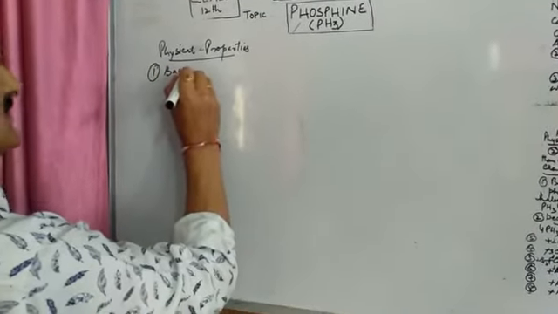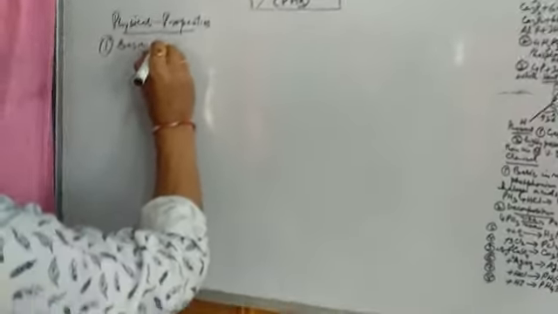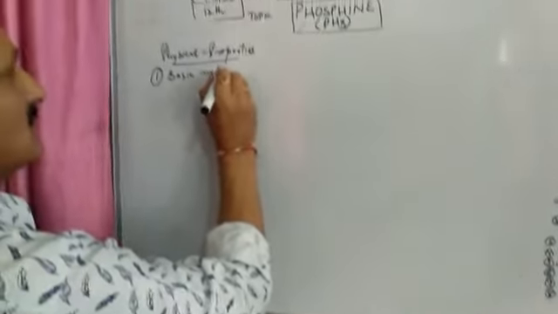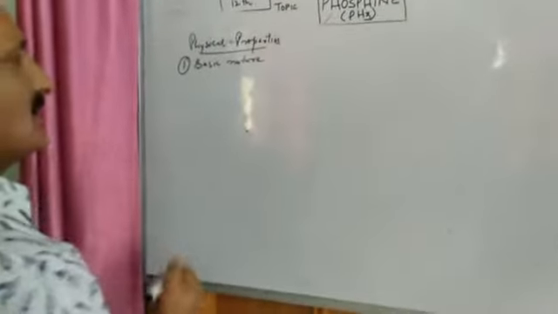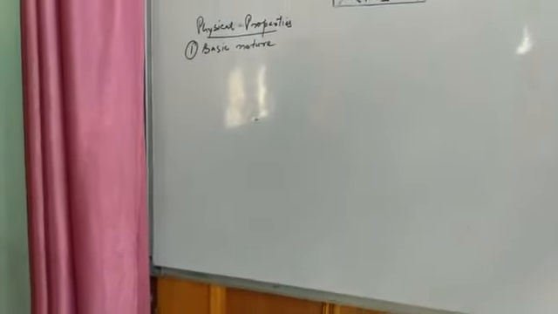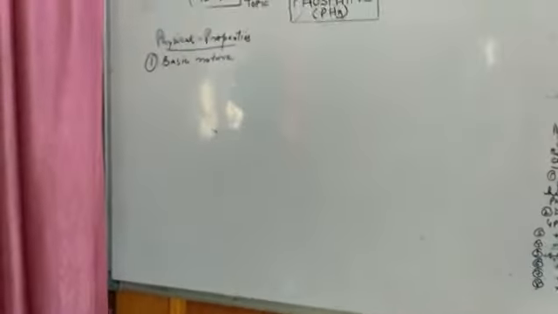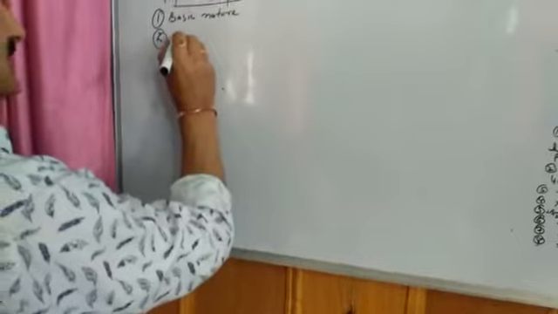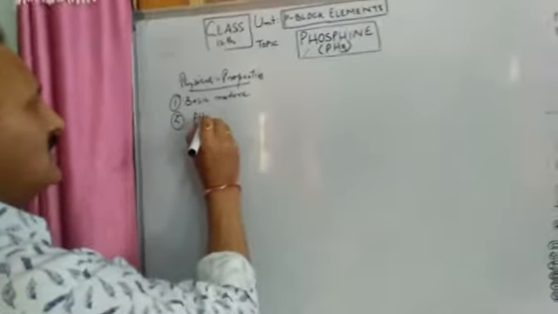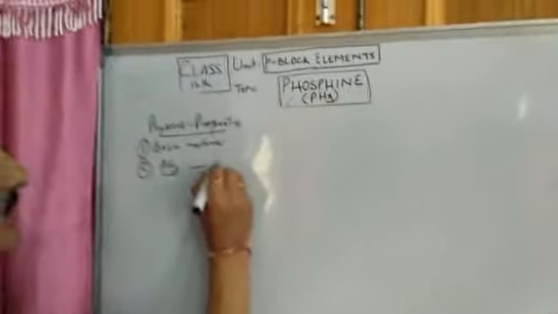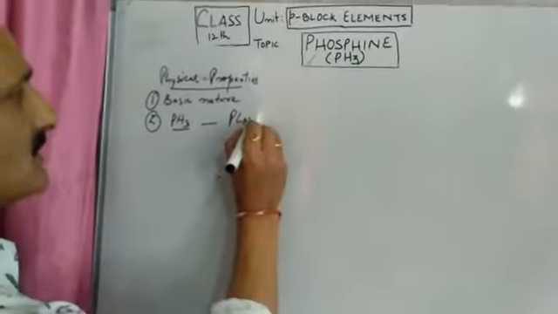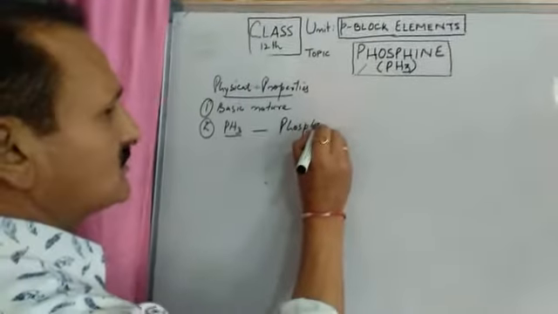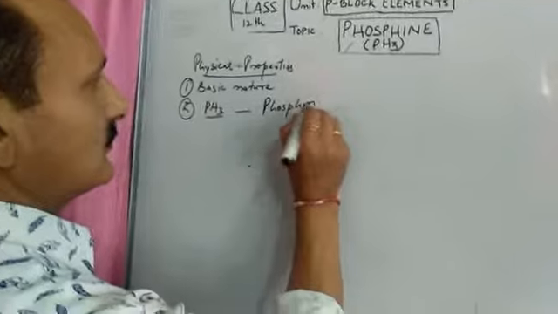That is, it has a basic nature. Its basic nature can be tested by litmus paper test. It forms phosphonium salts. PH3, that is phosphine, has the ability of forming these salts. Which salts? Phosphonium salts.